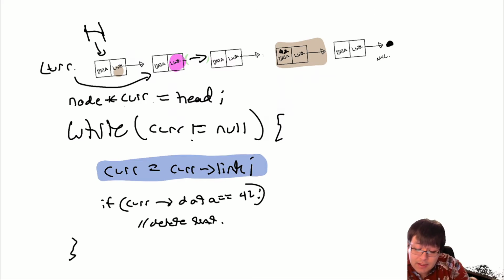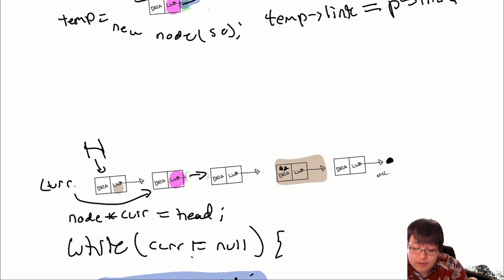If cur data is 42, that means that we are pointing there. Once we're there, how do we go ahead and delete this? To delete this, we have to be very careful, because we have to update this pointer to now point there.